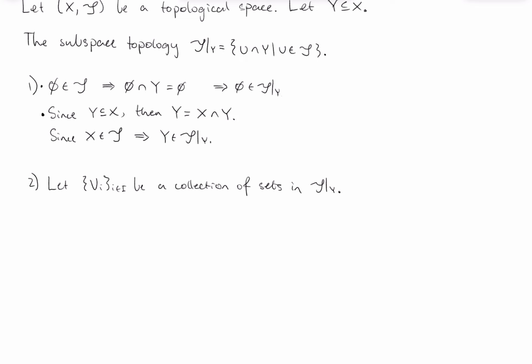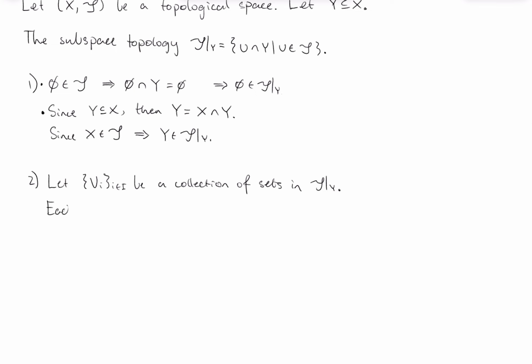Each V_i in the subspace topology can be written as V_i equals some, we're going to call it U_i as it corresponds to this index, intersected with the set Y. Right?